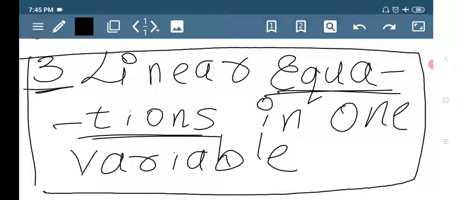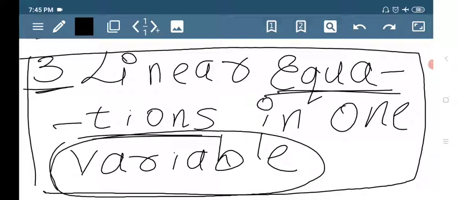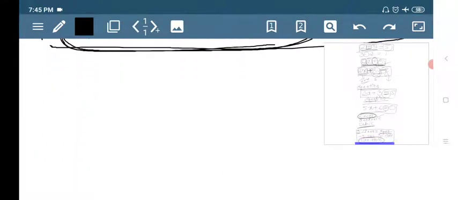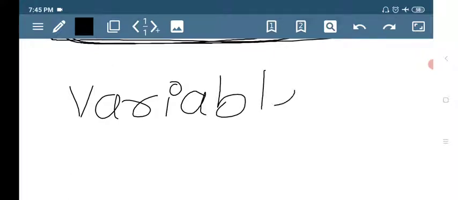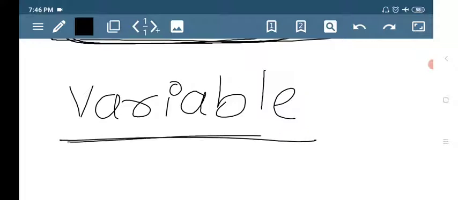So now let us understand what a variable is. From the topic of the chapter, let us understand the term variable. So dear students, variable, isn't it? Vary.